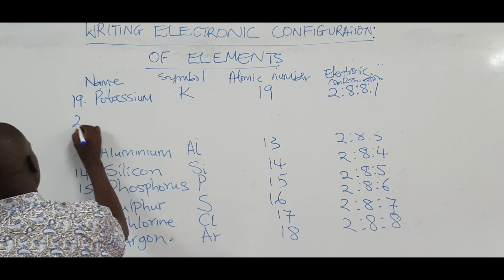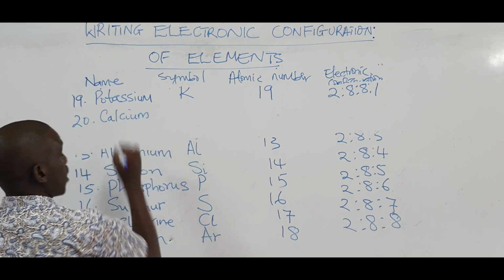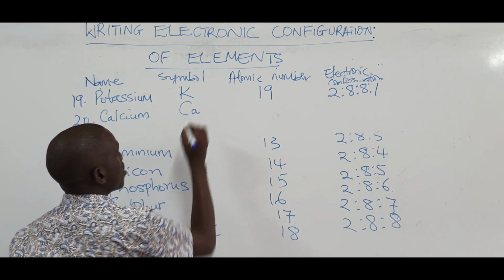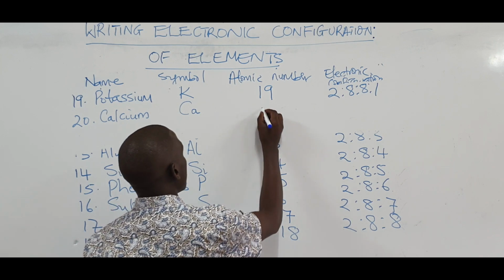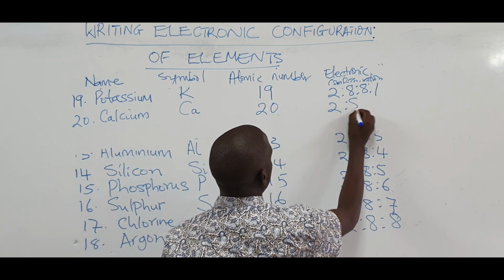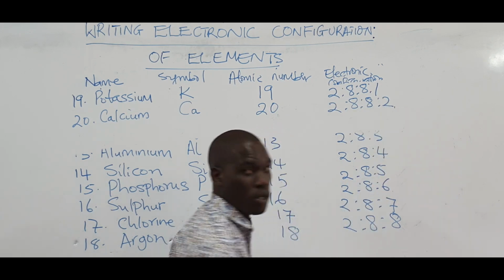Then lastly, for the first 20 elements, we have calcium. Calcium is capital C, then small a. Atomic number is 20. Then electronic configuration is 2, 8, 8, 2.